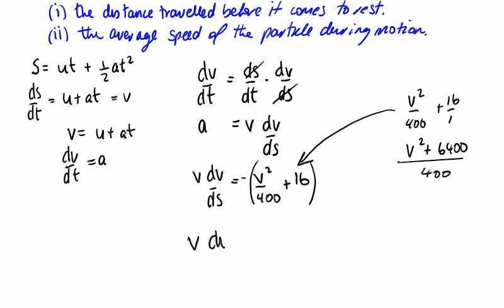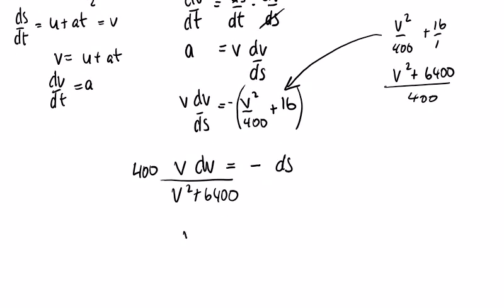So v dv is equal to minus ds on the right, and on the left I'm going to have to divide by a fraction, which will be the same as turning it upside down and multiplying. So I may as well do that in this step. So 400 over v squared plus 6400, and then I'm going to divide by 400 to get v over v squared plus 6400 dv is equal to minus ds over 400.